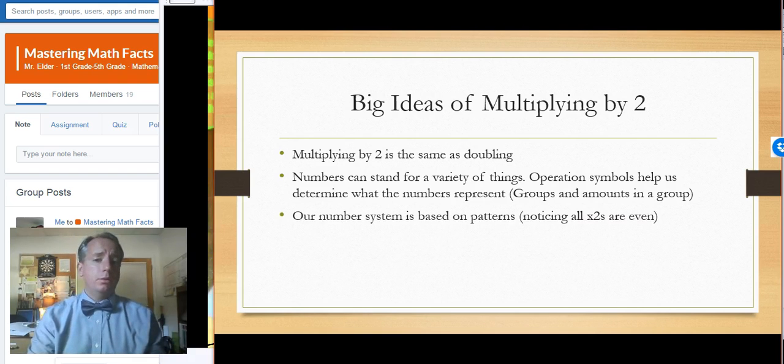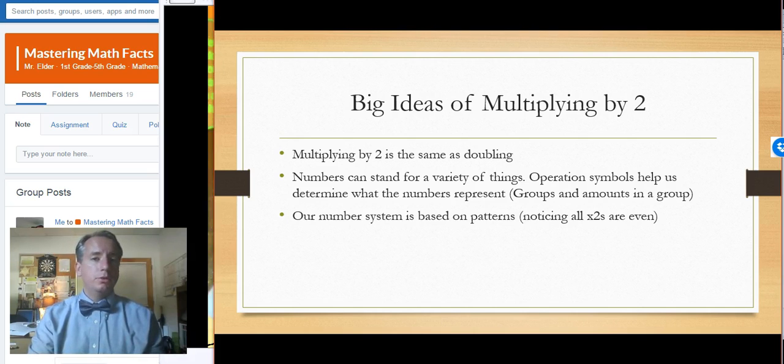And they also tell us something about the numbers in a group. We know that one of the big ideas in multiplication period is that all of our multiplication is based on the idea that our number system ties back to patterning. And so if we can recognize the patterns in certain number situations, we can not only predict what comes next, but we can start to remember more easily.